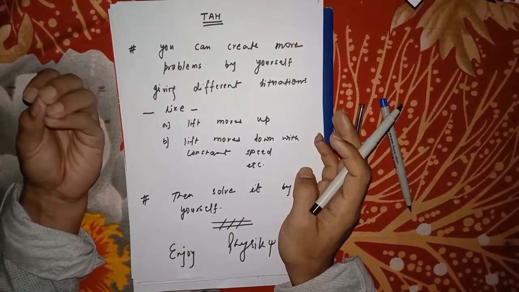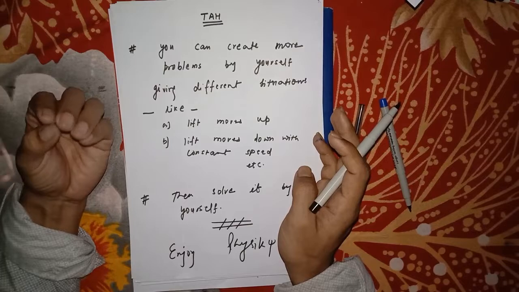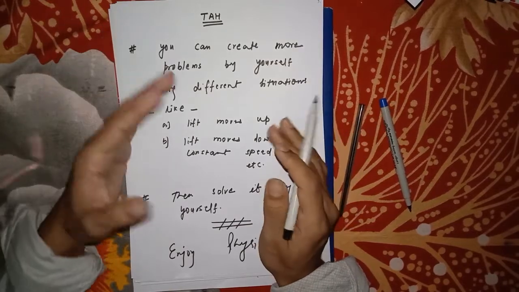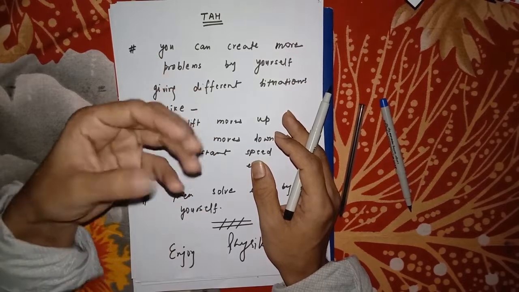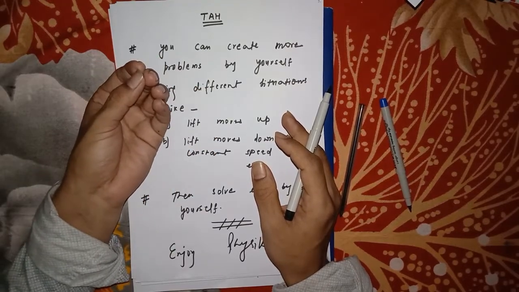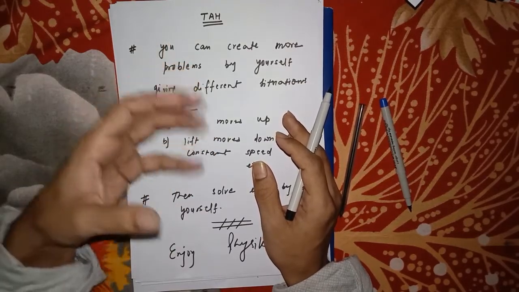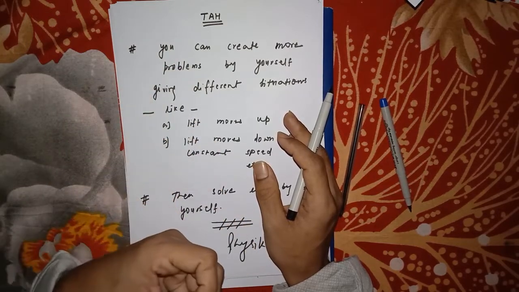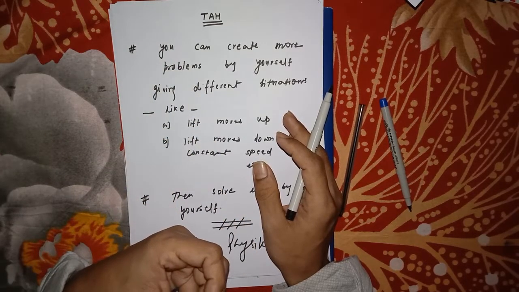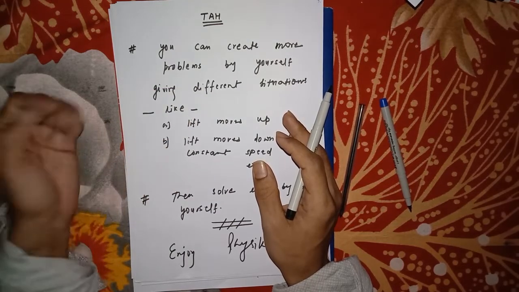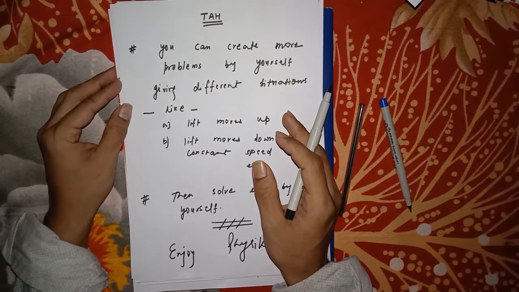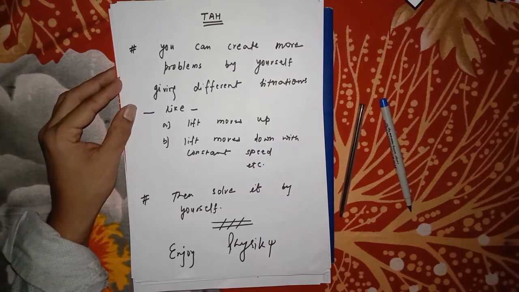Sometimes the ball goes up, sometimes the ball goes down. So you have to create a situation and take some data, values for it, and then solve it out by yourself. If you face difficulty, please contact Shiksha Vinaya or mail me. I will help you every time.